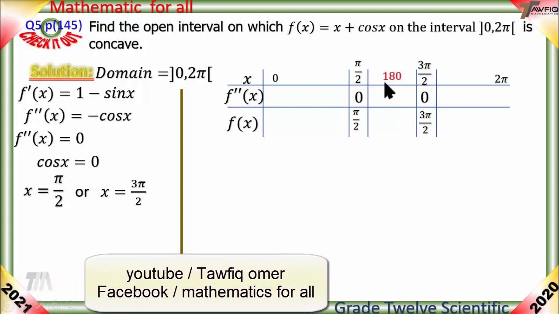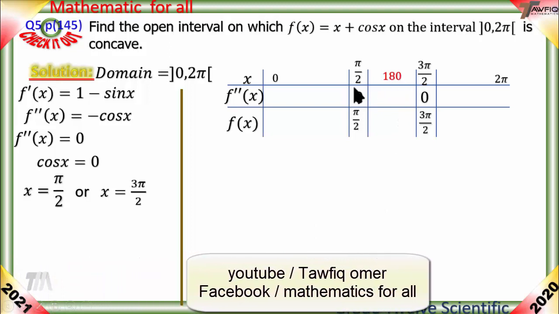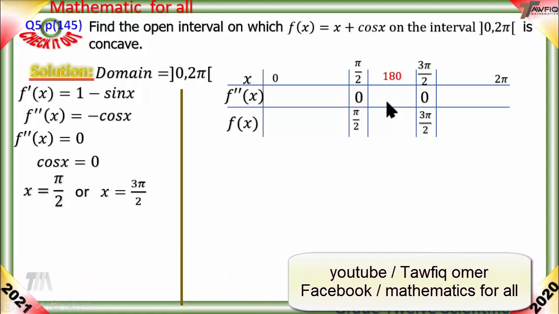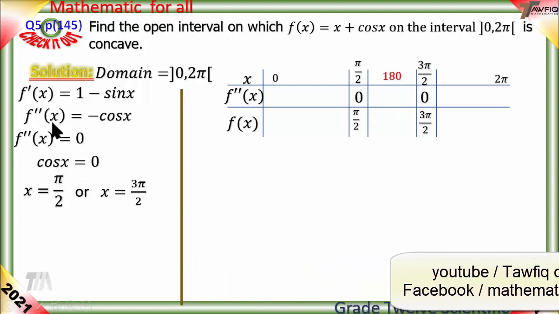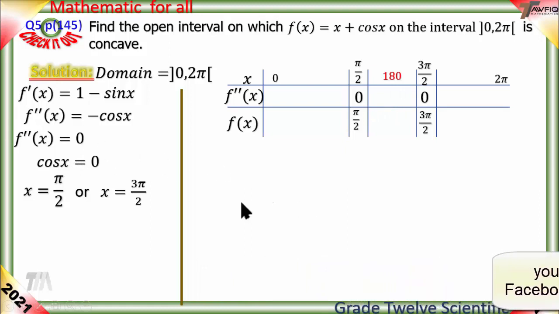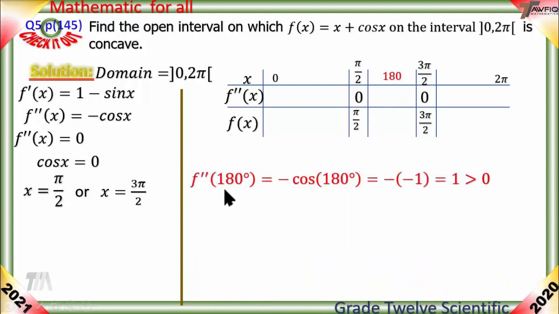And we take 180 degrees, or pi, in this interval and replace it in the second derivative. Now f double prime of pi is equal to minus cosine of 180, which becomes minus minus 1, it is 1, it is positive. That means in this interval the function is concave. In the other two intervals it is convex.